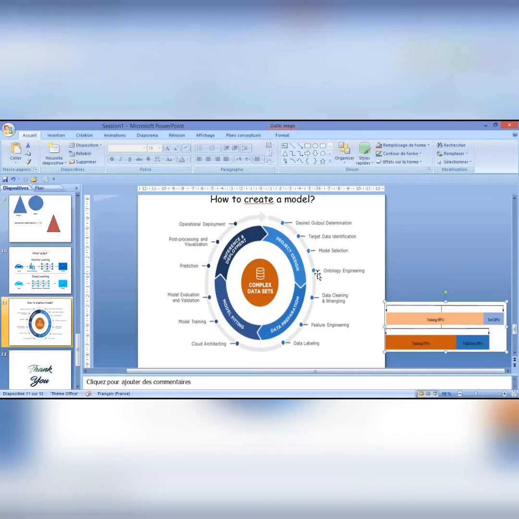Okay, and then we will have the data cleansing and wrangling, exploring the data and pre-processing the data, and so on. We will have the feature engineering and labeling of the data.